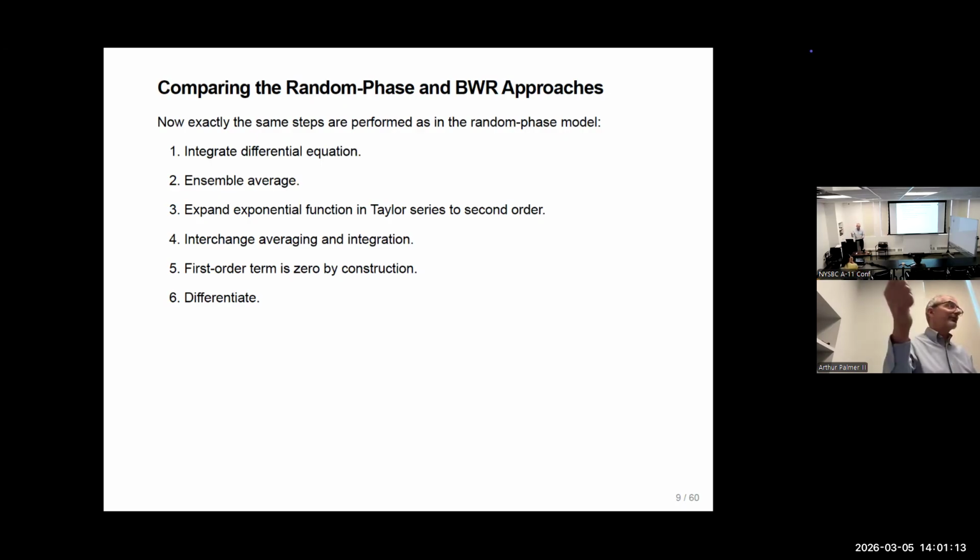The first order term in the Taylor series expansion was 0 because we required that the average of the fluctuations go to 0. We put everything that survived averaging into omega naught, or now into H naught and L naught. And then we differentiated to get back to a differential equation.